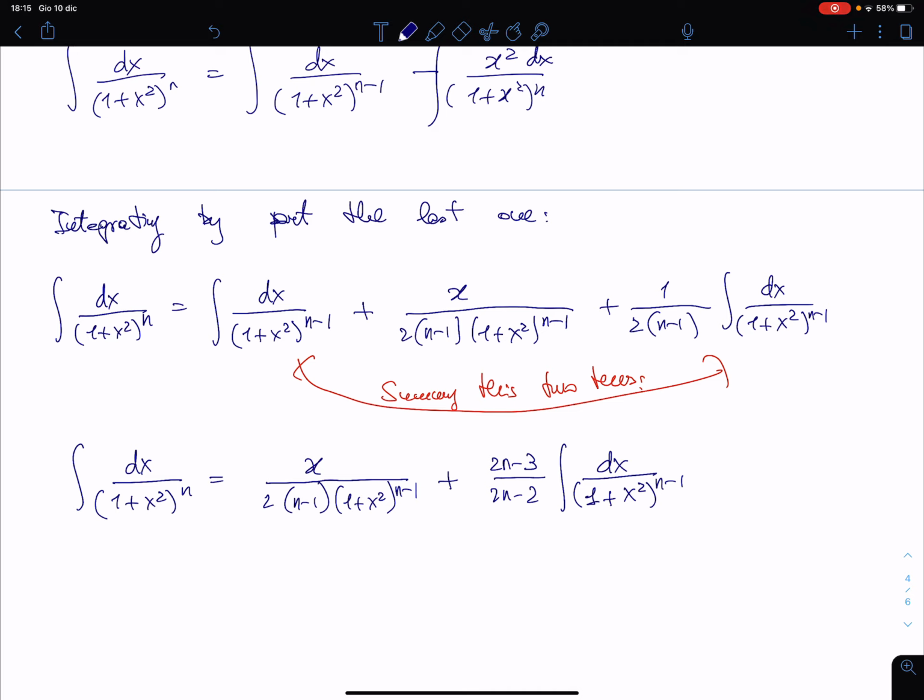This is the very important formula, okay? Because this formula links the integral you want to compute with the previous integral of the same type.